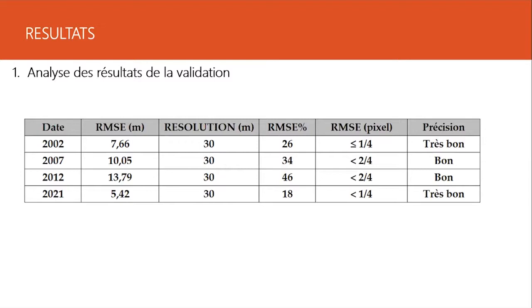So the idea is to say, as a conclusion, it means that using Landsat imagery to monitor coastline erosion could be efficient and cost effective, because it could at least help us keep the error at less than half a pixel of the imagery. So the challenge we still have is how reliable the used validation data sets are.